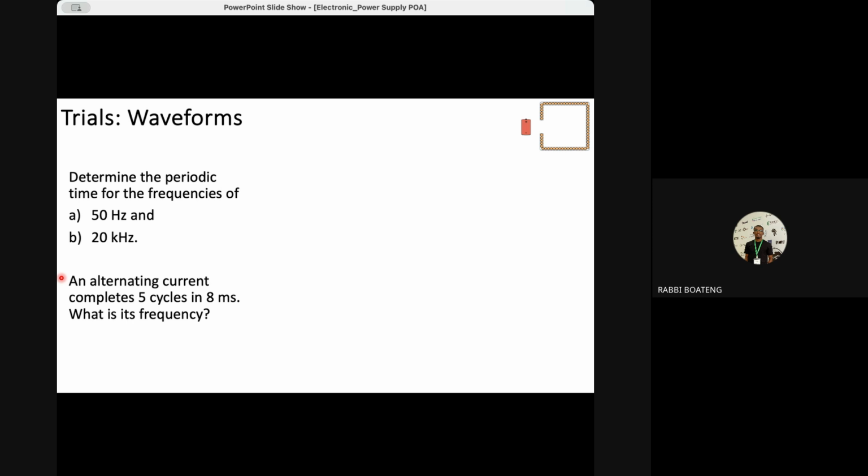Any different answer? For question one, I think yes, 0.02 seconds and then 50 microseconds. Whereas question two is 625 hertz. Yes, please. 625 hertz.